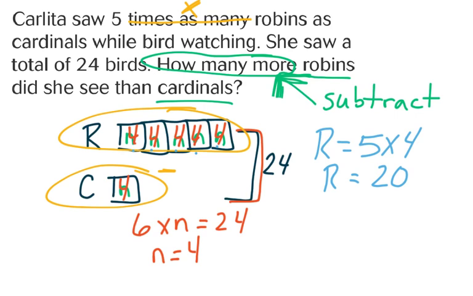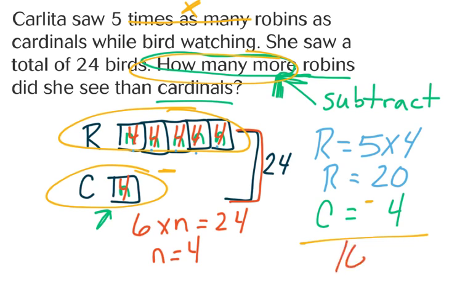My cardinals over here is equal to 4. I need to subtract these two values to figure out how many more robins she saw than cardinals. So when I subtract 20 minus 4, I get 16. She saw 16 more robins than cardinals.